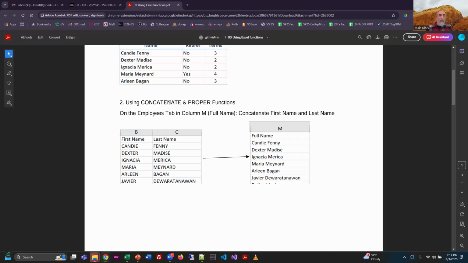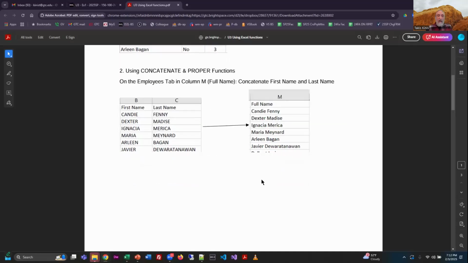Concatenate is a function that joins the two cells together and makes it one cell. Proper is a function that switches the uppercase formatting to what we call title case, where the first letter is capital and the rest of the letters are lowercase. So it's two functions acting on the same cell. This is part of the exercise because the information is provided that way.